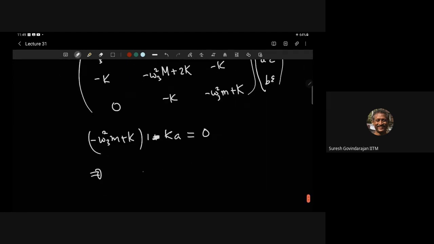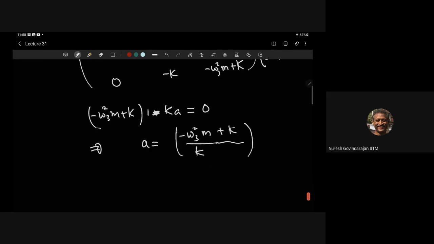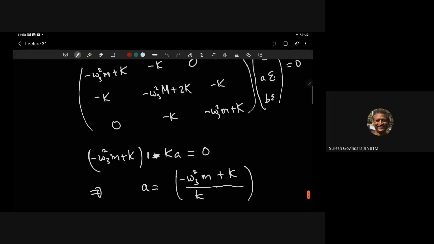So this implies A equal to... sorry, what am I writing there? Yeah, plus k. Is this fine? So this is what we get.